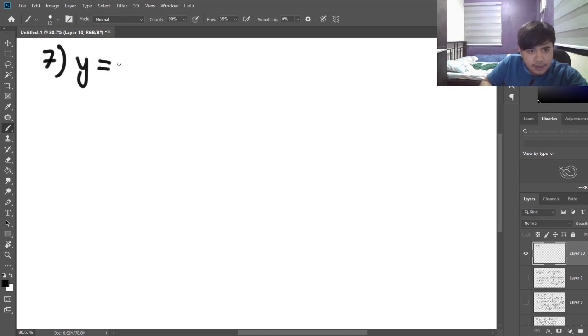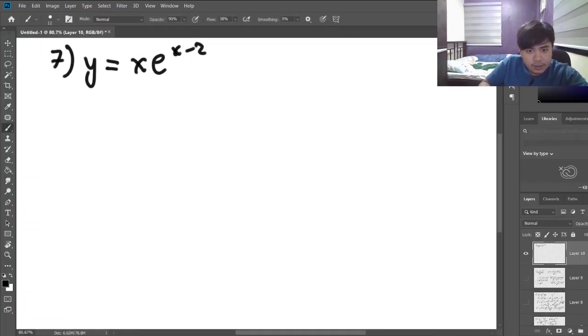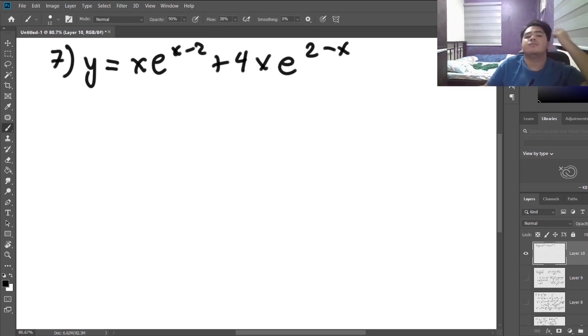y is equal to x e to the x minus 2 plus 4x e to the 2 minus x. Can we do anything about this?